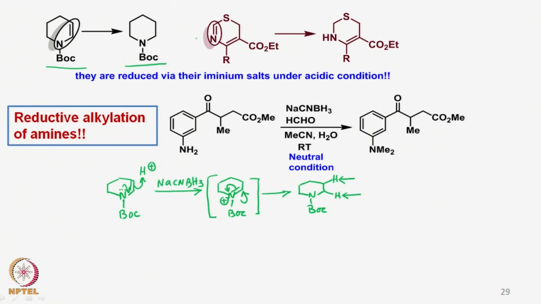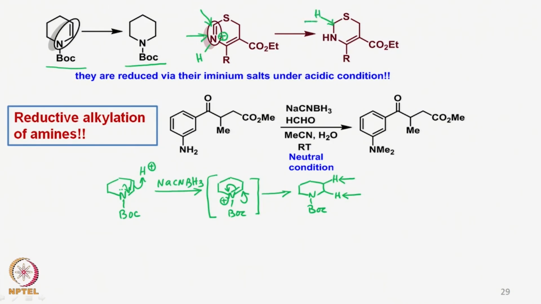In a similar fashion, this is an imine, which is very easy to understand: it gets protonated under the conditions to form the corresponding positive charge on this center, and therefore the nucleophile sodium cyanoborohydride attacks it here, and then your hydrogen will come there.